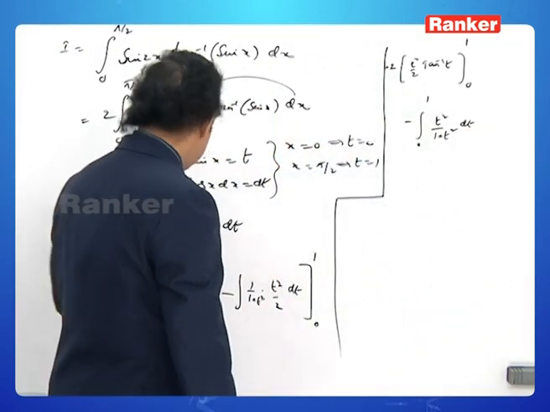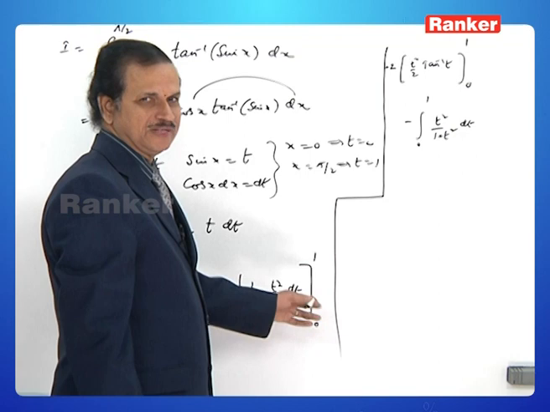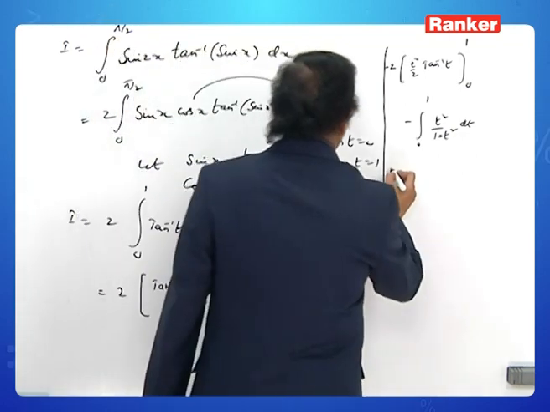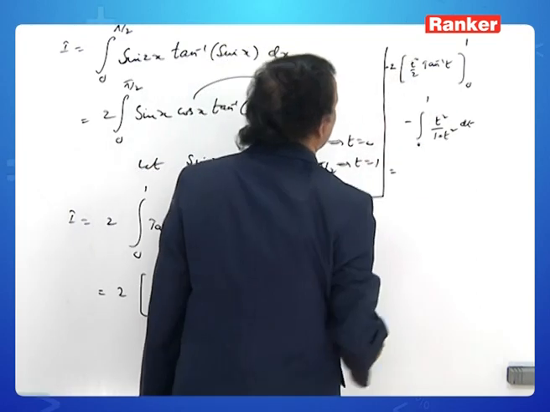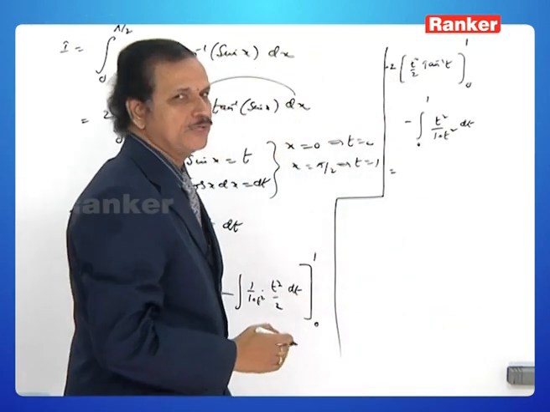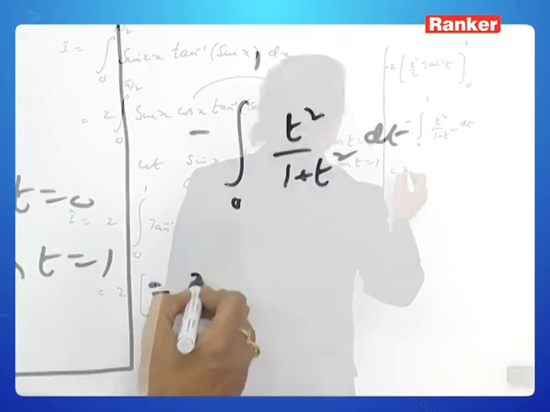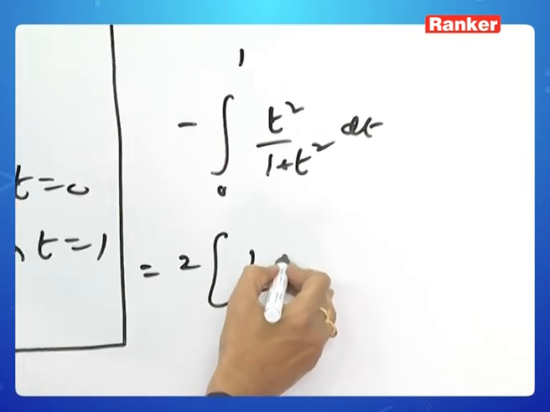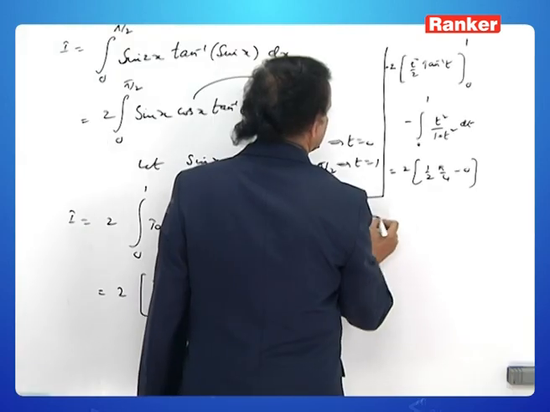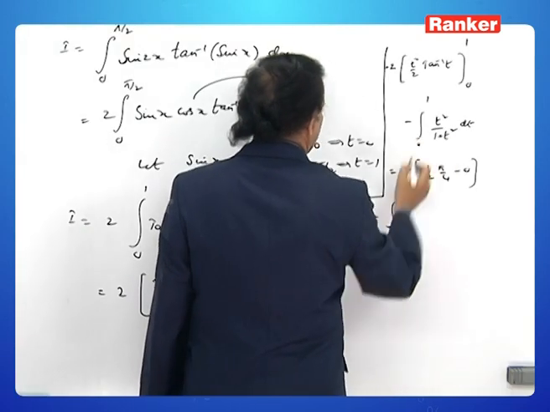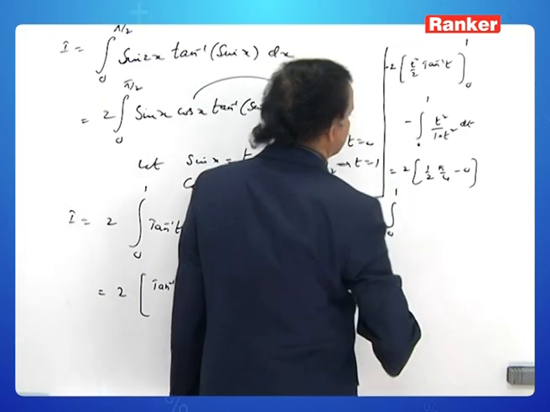Why? Because this 2 and this 2 can of course be cancelled. What about the first part? If you put 1 by 2 into tan inverse 1, 1 by 2 into pi by 4, 2 into 1 by 2 into pi by 4, minus 0, minus integral 0 to 1 t square by 1 plus t square.